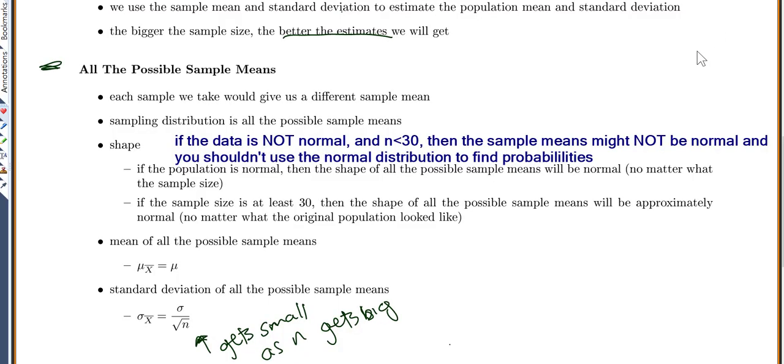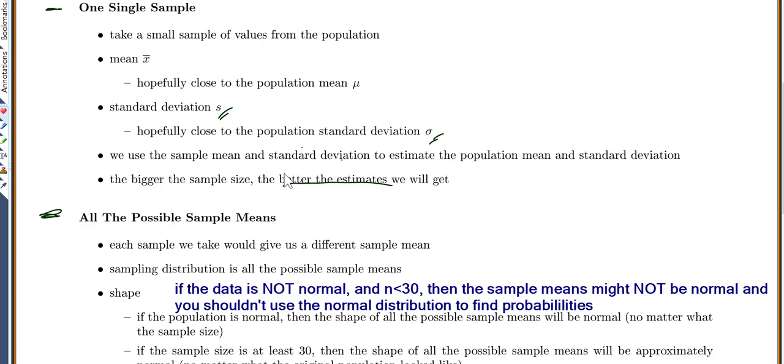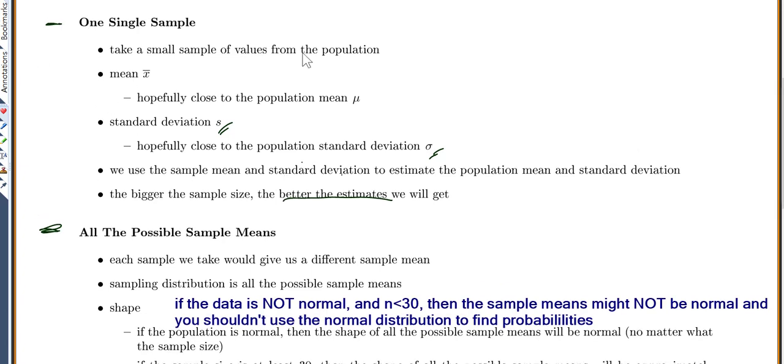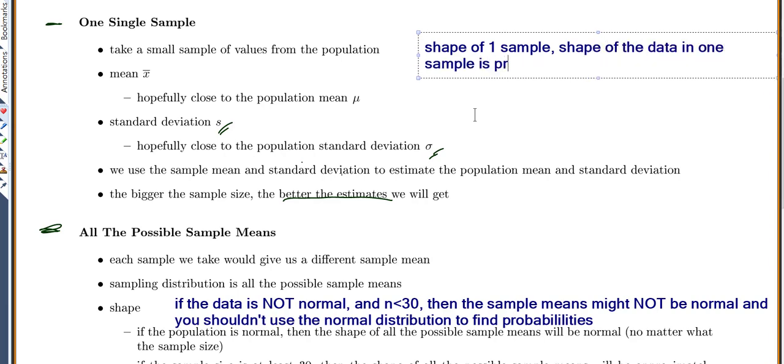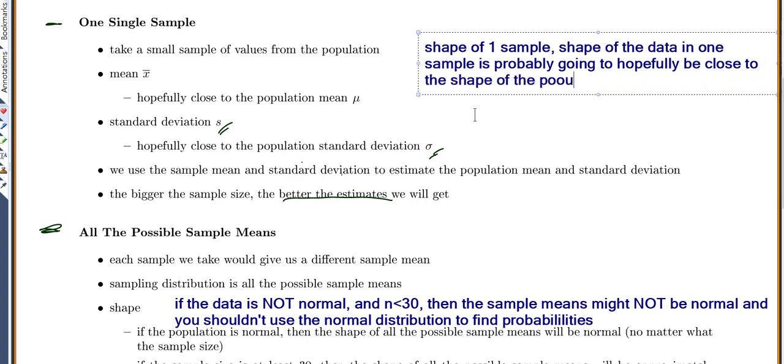I've also been hearing people say that if n is at least 30, then your sample will be normal. That's not true. For your one single sample, the shape of the data in one sample is hopefully going to be close to the shape of the population.